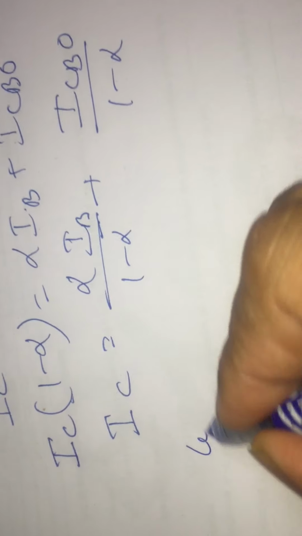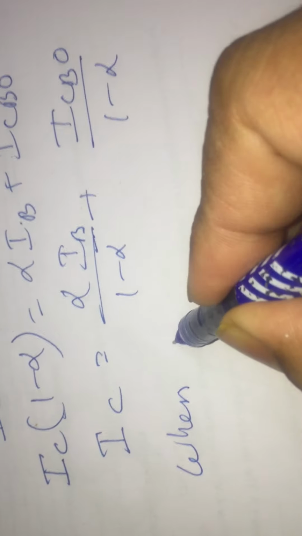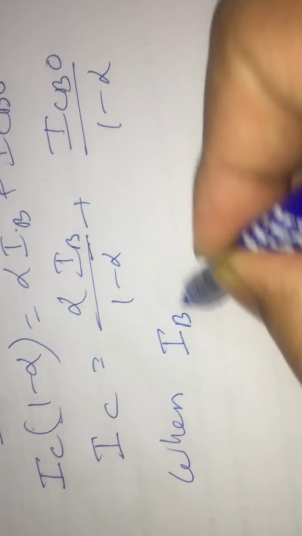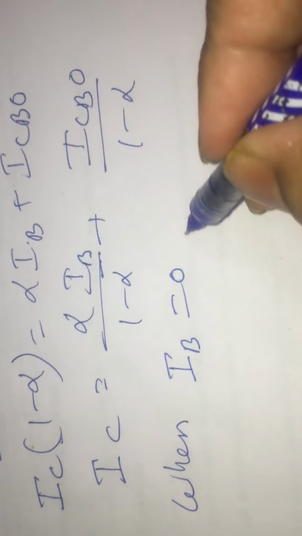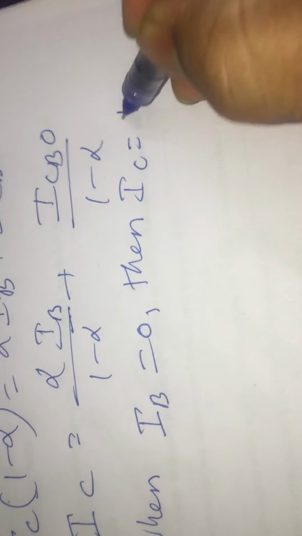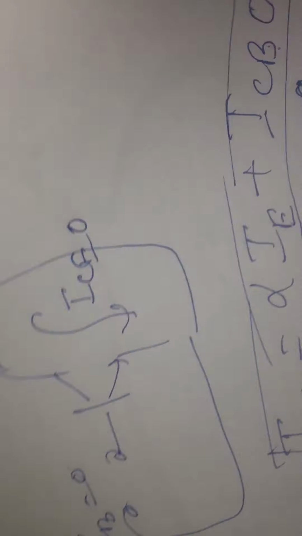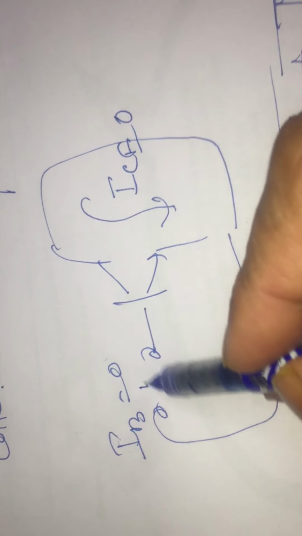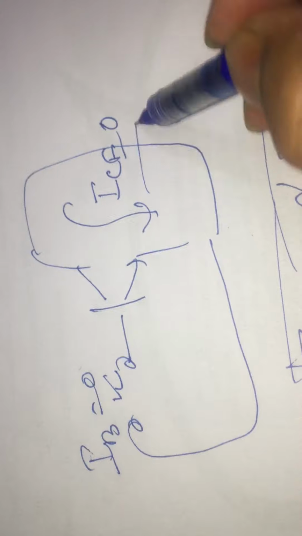Again, when IB is 0, meaning the base is open, then IC is ICEO.